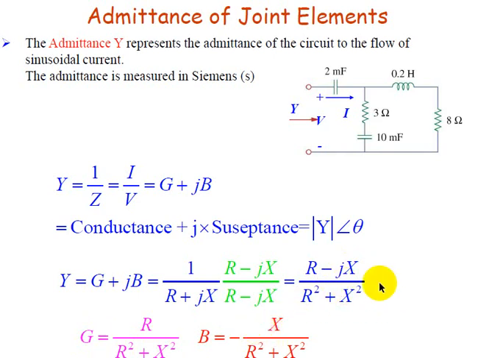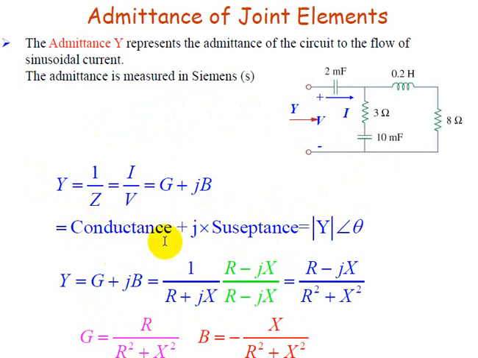You can also write it as R divided by R square plus X square plus j into minus X divided by R square plus X square. And this minus X divided by R square plus X square, we call susceptance, which is the imaginary part of admittance, and the conductance is the real term of admittance.